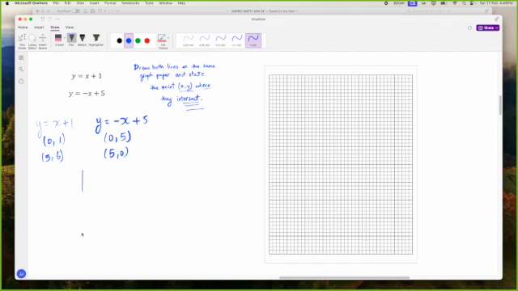Let me draw a little sketch and see what these lines are looking like. This line is a positive gradient cutting at plus 1. So that will look something like this. This line is a negative gradient cutting at plus 5. Looking something like this. And I see that they're cutting in this region.